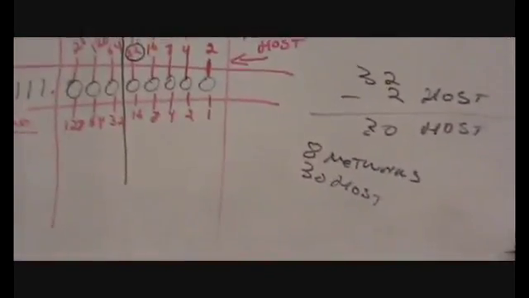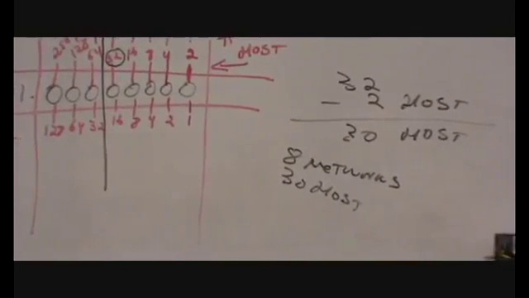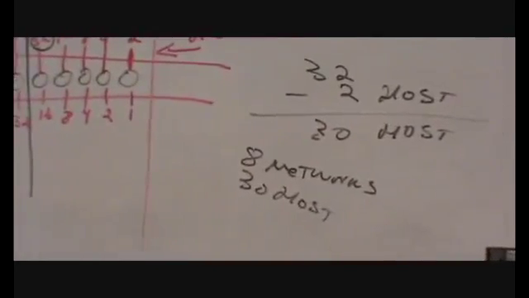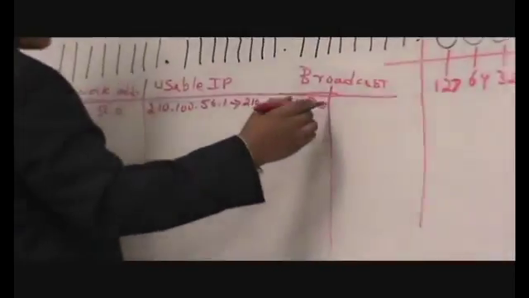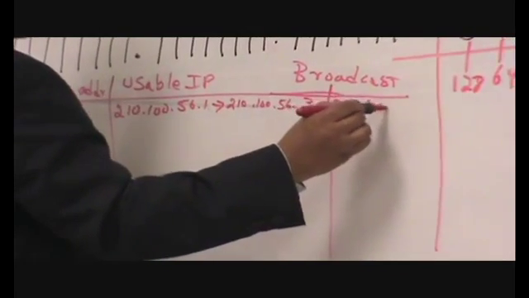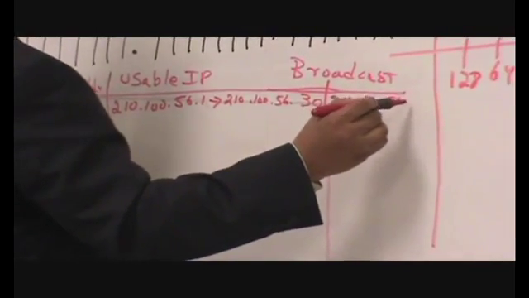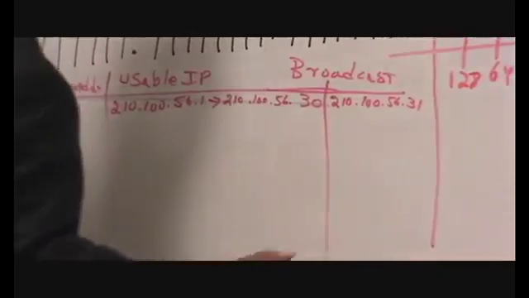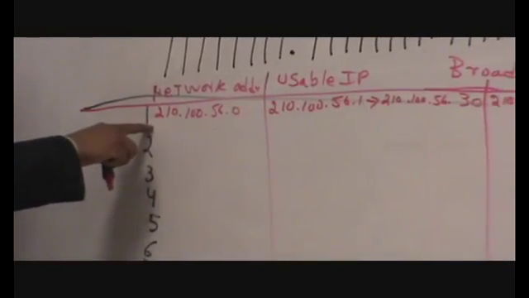So from 1 to 30. And my broadcast address is going to be 210.100.56.31.